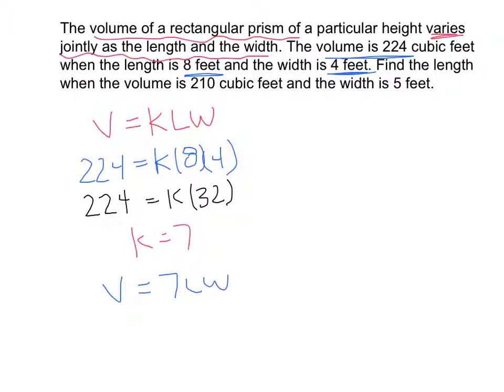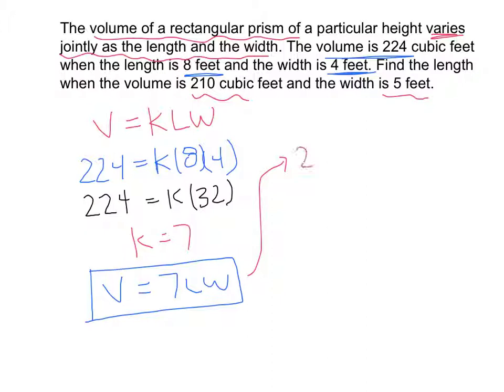So this is a particular rectangular prism that has a height of 7. Now we're going to change a couple of things about our problem, and we are going to find the length when the volume is 210 cubic feet and the width is 5.